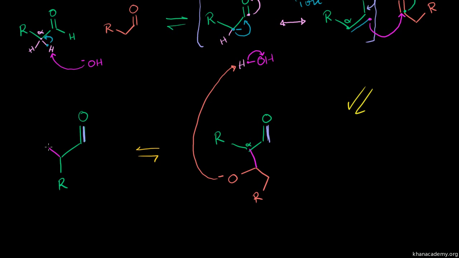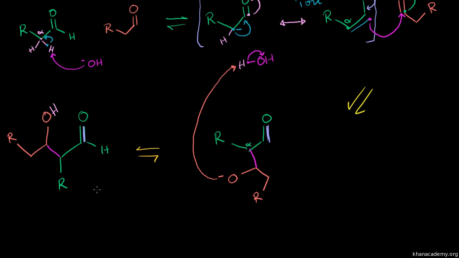So it'll look like this. And let me draw it. So this oxygen is now this oxygen, and it just captured this hydrogen. So it is now a hydroxyl group. It is now an OH group. And then finally, this guy is bound to what was an alpha carbon, which is then bound to a radical group. And if we want, we can remember that there was always, from the get-go, a hydrogen over here.